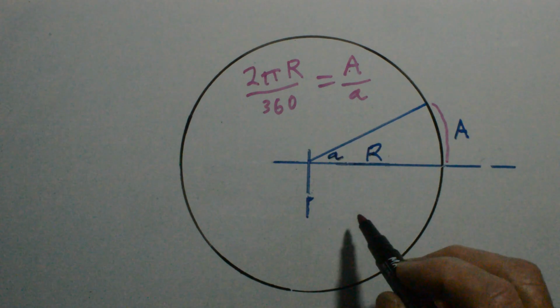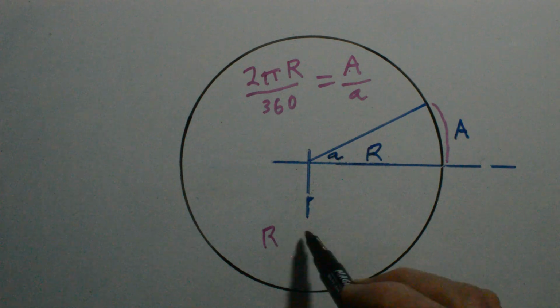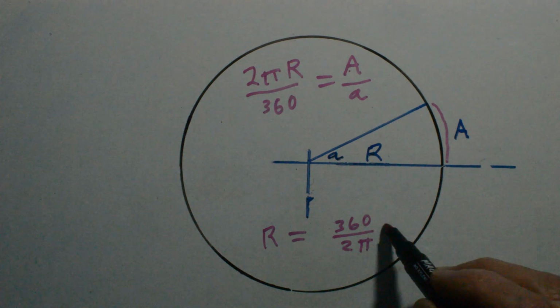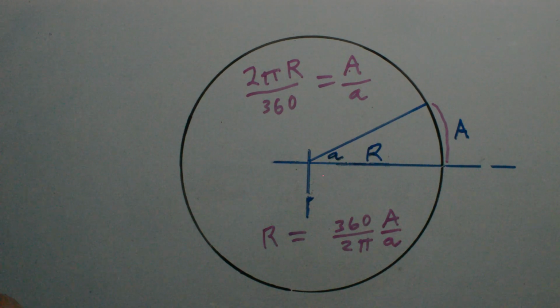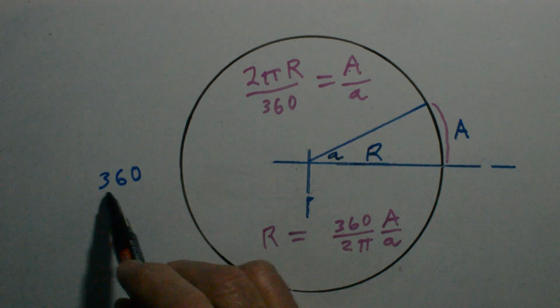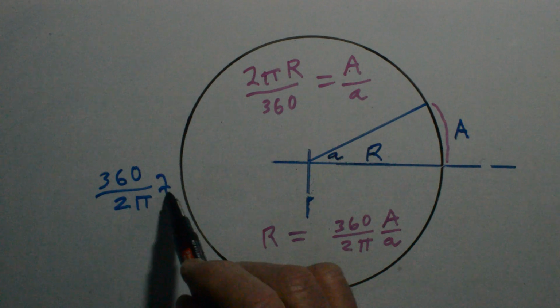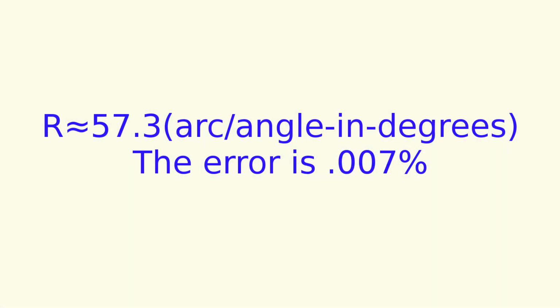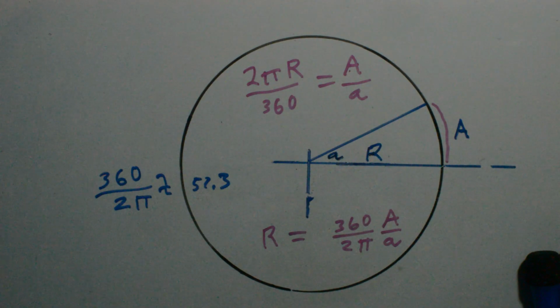Now if we multiply by 360 and divide by 2 pi, we get R equals 360 over 2 pi times A over little a. 360 divided by 2 pi is approximately equal to 57.3. So, there you have it.